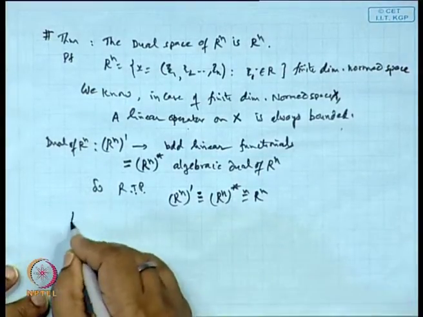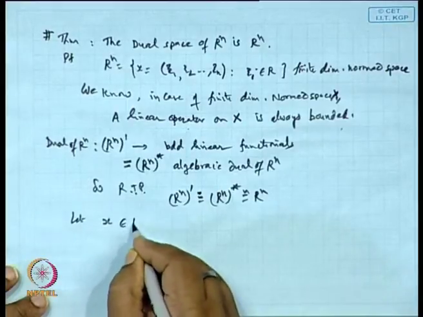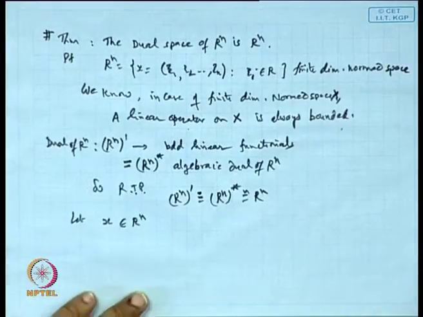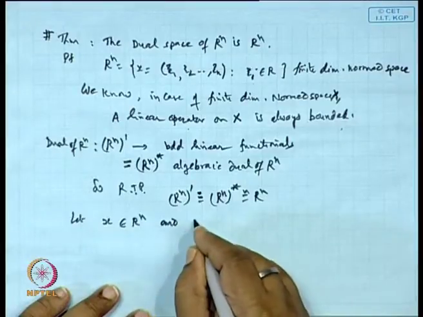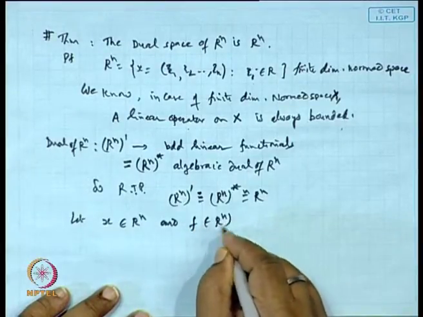Now, let x belong to R n and f be a point in R n dash.